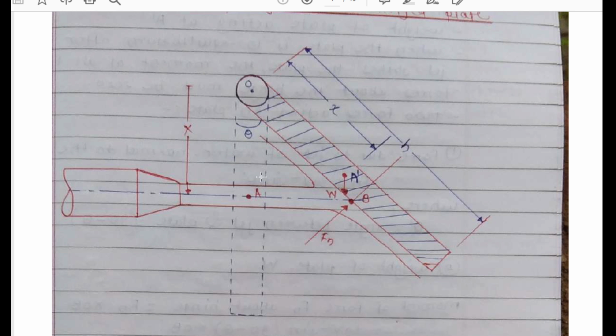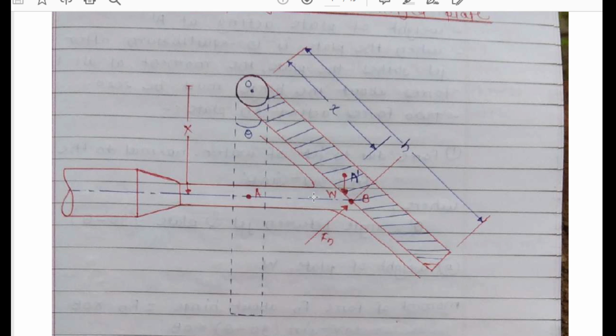That means OA equals OA dash equals the distance x, and h is the height of the whole plate. Now we can consider this triangle for calculation of moments. In this whole thing, we have to calculate the angle of swing of this plate.